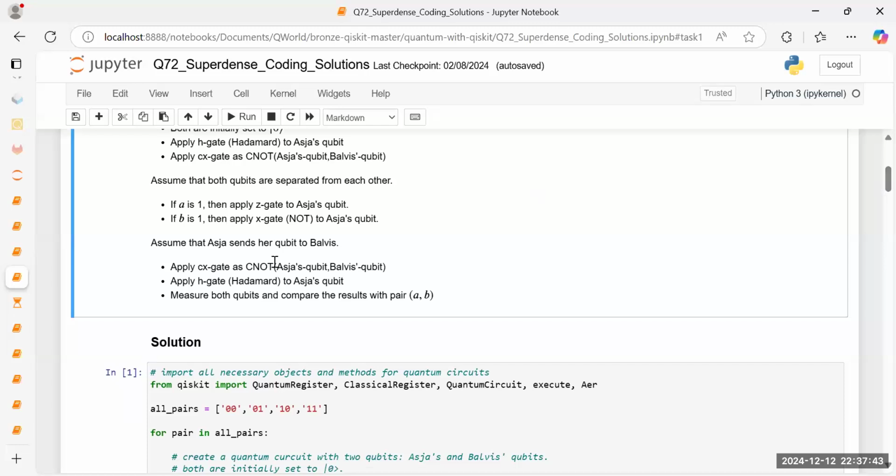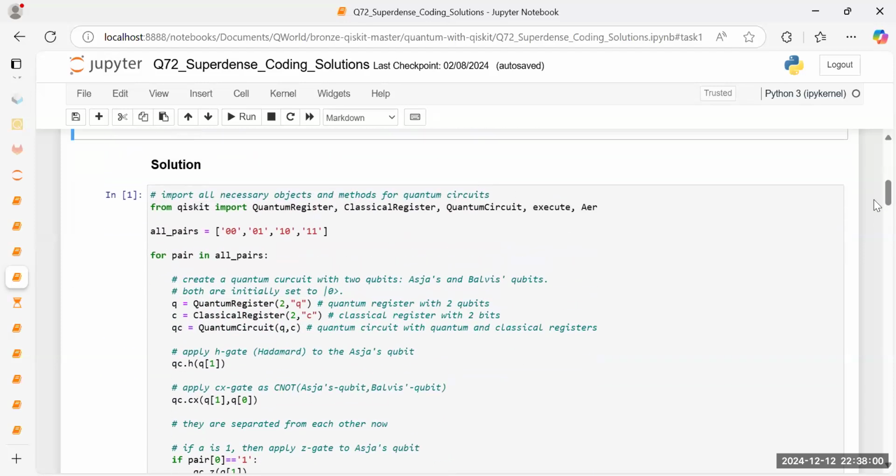And when she does this, she sends her qubit to Balvis, and this is how he decodes the information. First of all, he applies a CNOT operator, then the Hadamard gate on Azure's qubit, and finally he can measure and retrieve the information she intended sending.